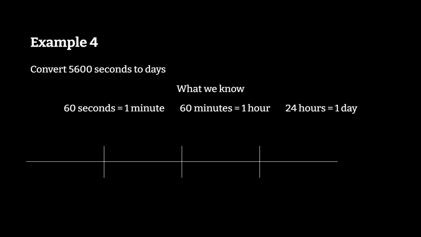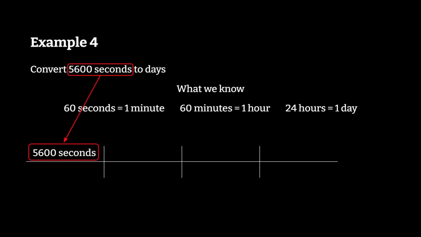Like all of our previous questions, we start with what is provided to us. The question provides 5,600 seconds, and that goes in this top left diagonal. So our 5,600 seconds.